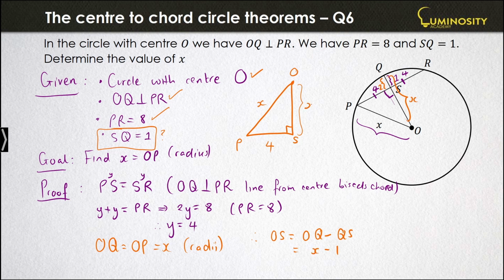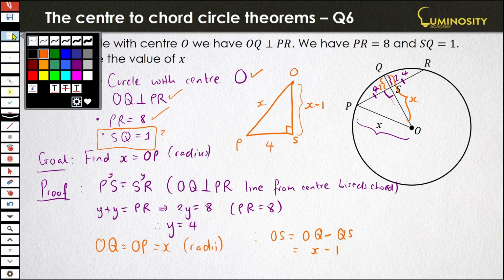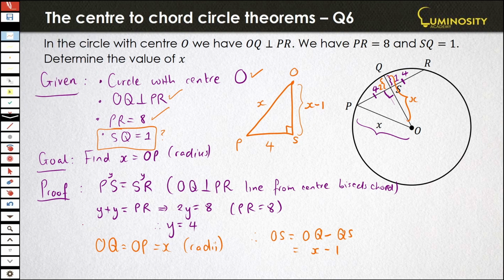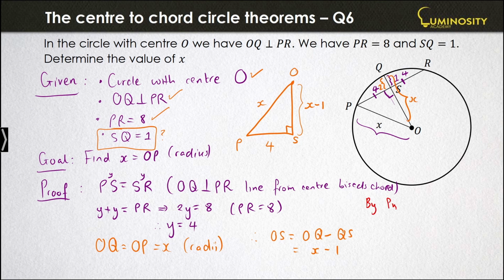So now we have the length of OS in terms of x. Lastly, we can use the theorem of Pythagoras here. So by Pythag, we have that 4 squared plus (x minus 1) all squared equals x squared. So now we've reduced all this to a simple algebraic equation, which we can now solve for x.